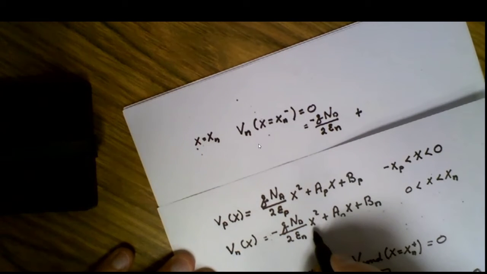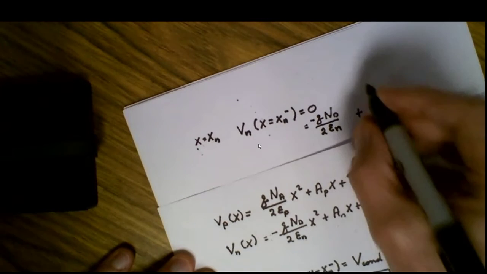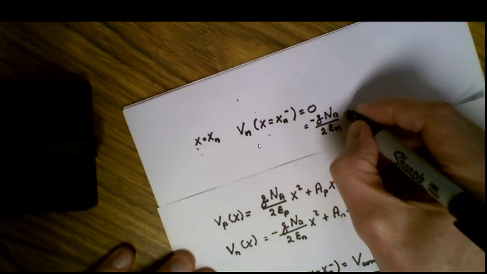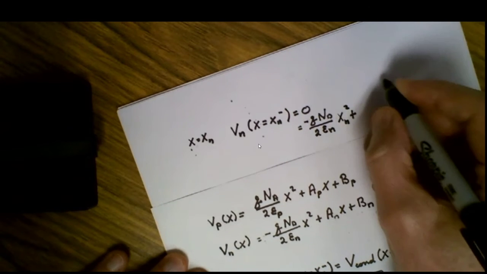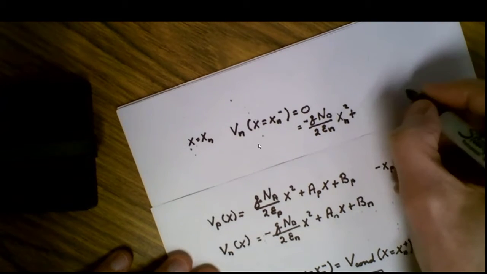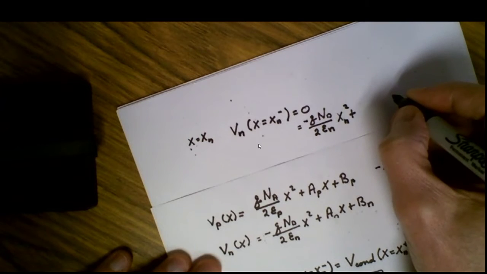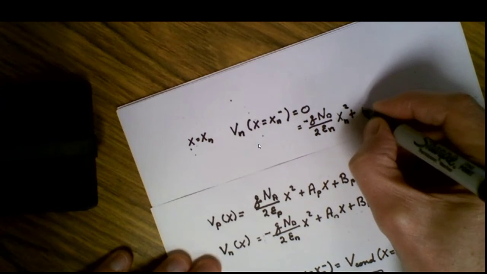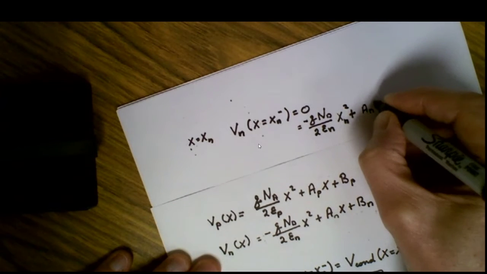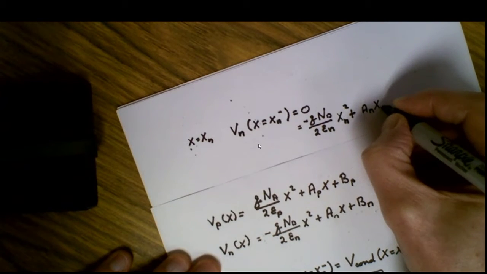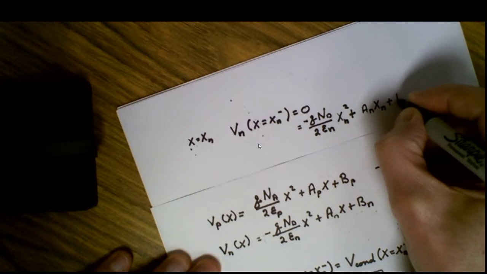So we have x squared, so that will be x sub n squared, plus a sub n times x sub n plus b sub n.